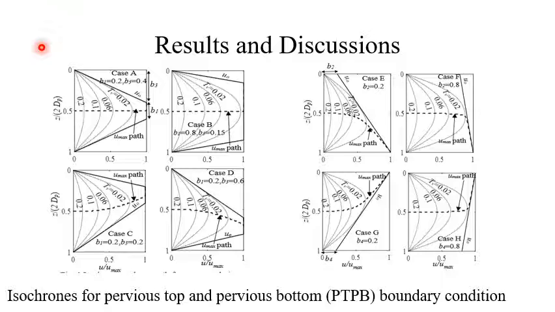From the figure, we can observe that whatever the shape of initial excess pore water pressure, the isochrone converts to a sinusoidal or parabolic shape after some time, and the Umax path always goes towards the midpoint, ending at the midpoint for the pervious top and pervious bottom boundary condition.